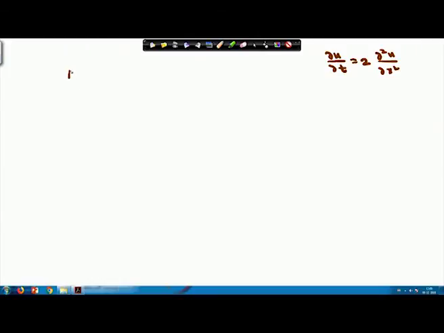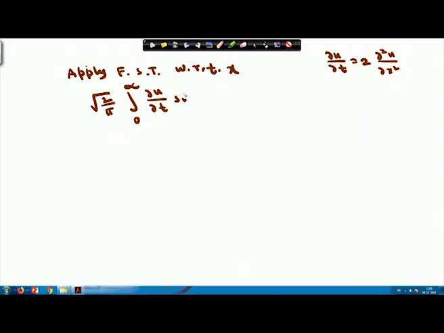Once I apply Fourier sine transform with respect to x, you will obtain root over 2 by pi, the left hand side is the same, 0 to infinity del u del t into sine of alpha x dx. This equals 2 into root over 2 by pi, 0 to infinity del 2 u del x square into sine alpha x dx.